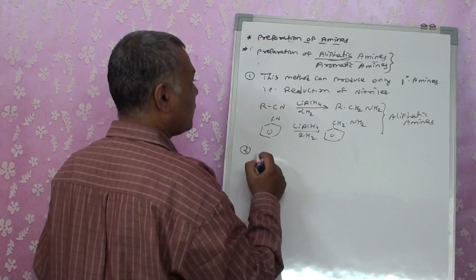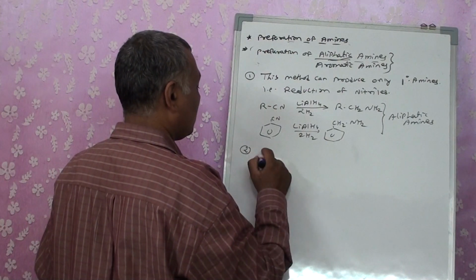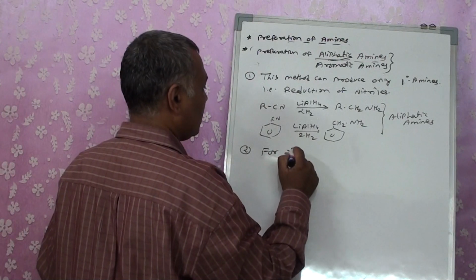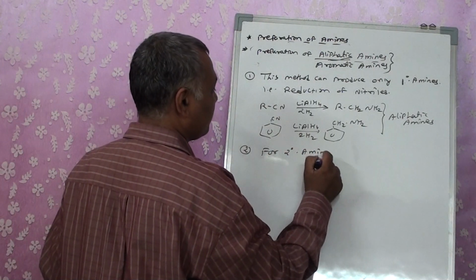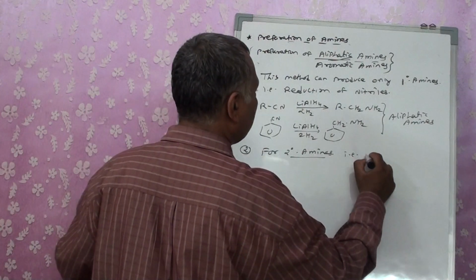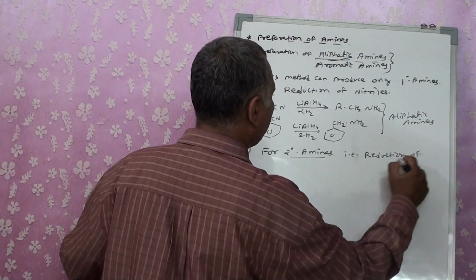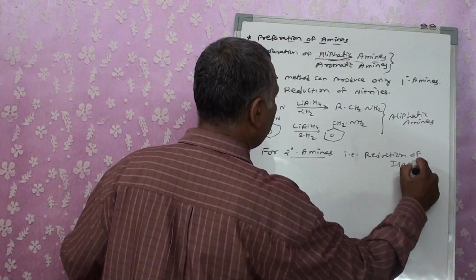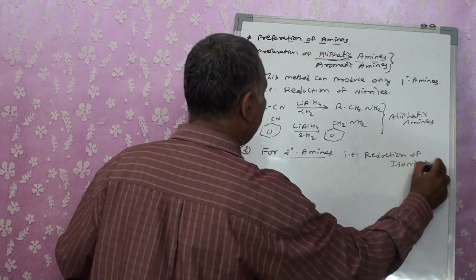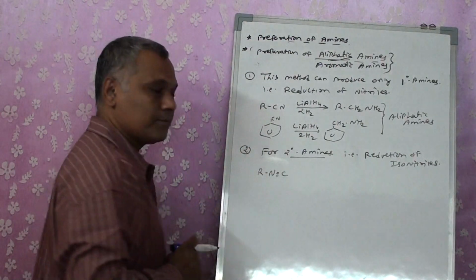Now, in place of that, for secondary amines, that is reduction of isonitriles, RNC.